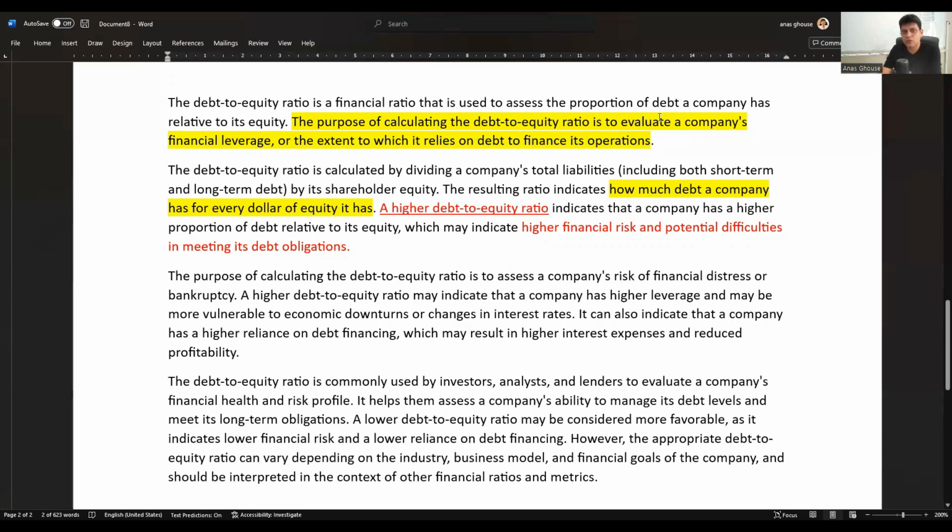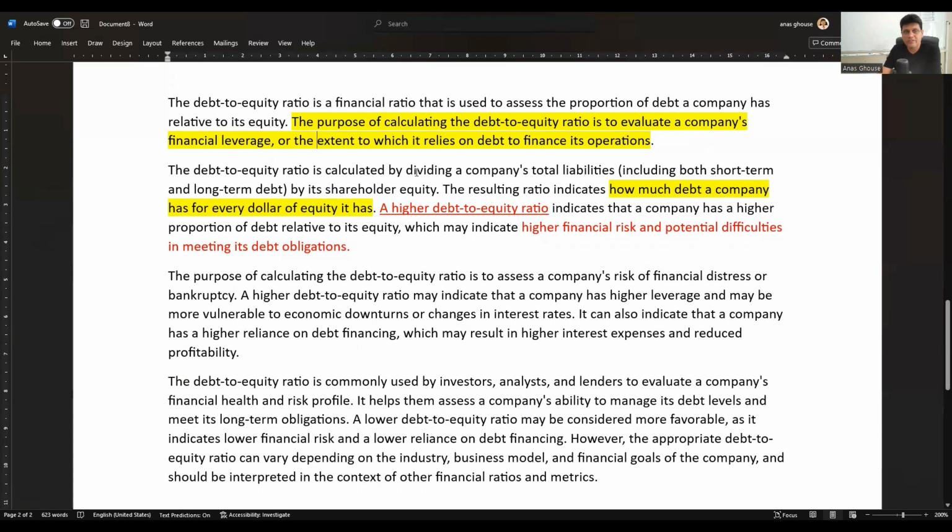On the other hand, we can say to what extent the company relies on debt to finance its operations. So this is the main purpose of calculating the debt to equity ratio.